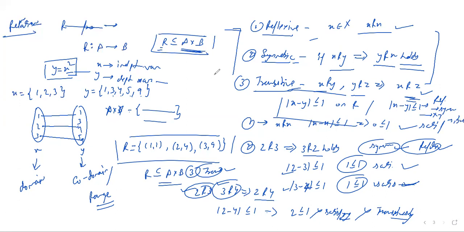Okay, now we have seen reflexivity, symmetricity, and transitivity, and there is a relation which is called an equivalence relation. Let's see what it is. In an equivalence relation, when all three types of relationships, reflexivity, symmetricity, and transitivity, hold on a particular relation, then we say that the relation is an equivalence relation.